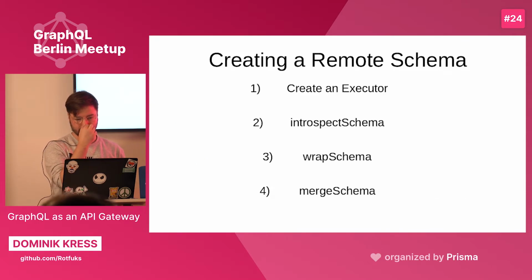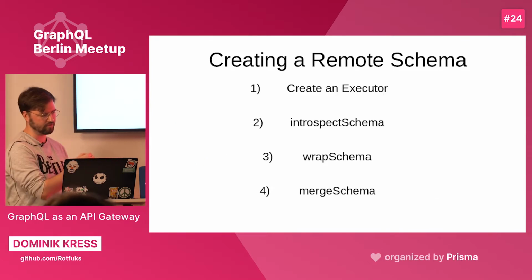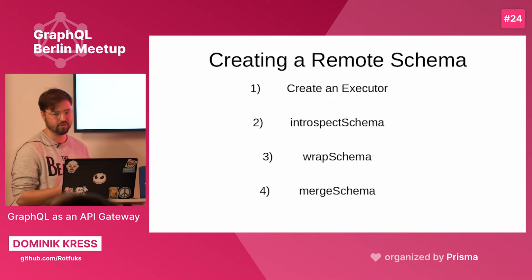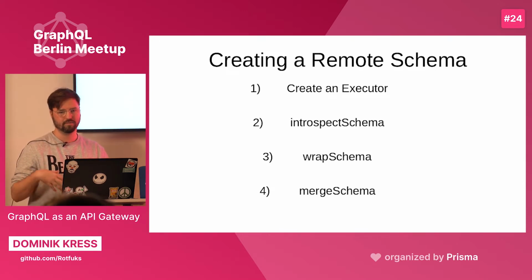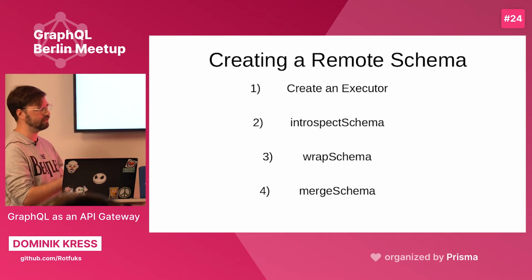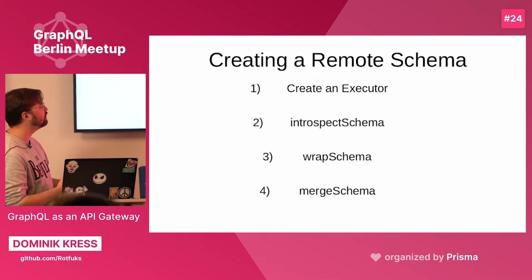So what do we do with GraphQL Tools in order to make it possible? Well, there are basically 4 things that help you with that, or 4 steps. First, you have to create an executor that can then execute your schema. You have to introspect your schema, so basically find out how your schema looks and combine it for the executors in order to make it executable.